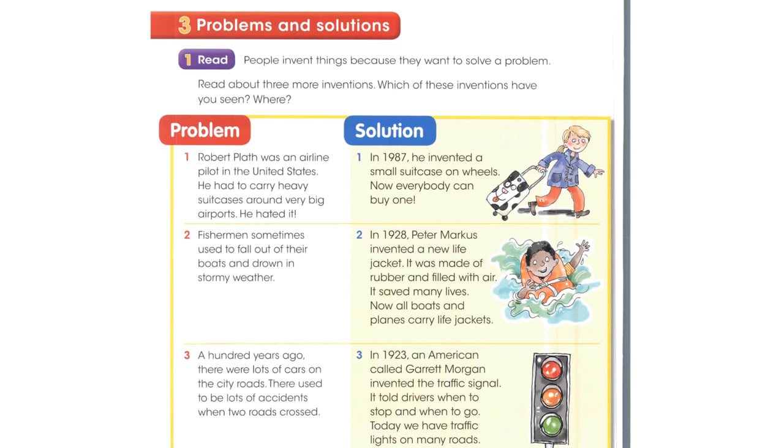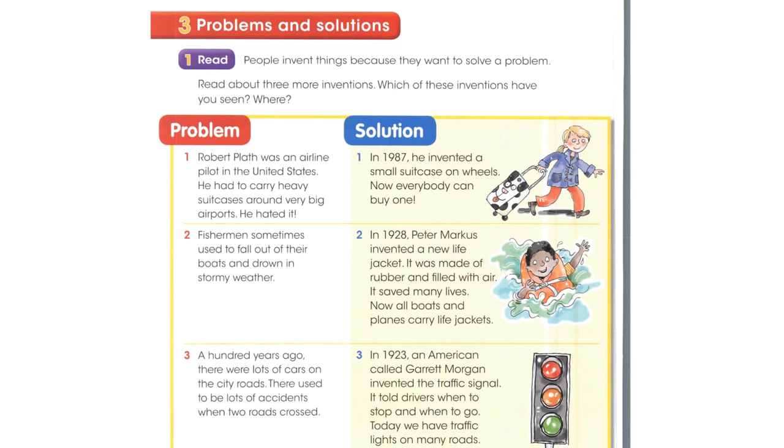So we have problem and we have solution. Number 1, Robert Plath was an airline pilot in the United States. He had to carry heavy suitcases around very big airports. He hated it. In 1987, he invented a small suitcase on wheels. Now everybody can buy one.